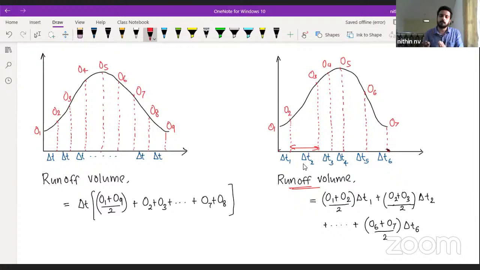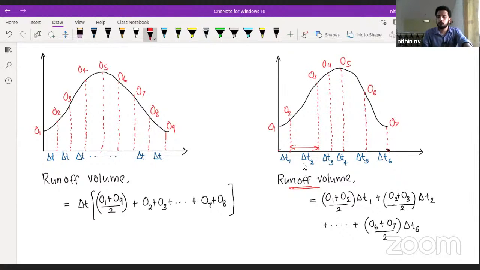If you remember only this equation, it is sufficient. Now, if all these T1, T2, T3, etc. are equal, this delta T is equal, we will get this first equation: first ordinate plus last ordinate by 2, plus the sum of the remaining ordinates. You can just check it. If you put all the delta T, delta T, delta T like that, you will get this equation.